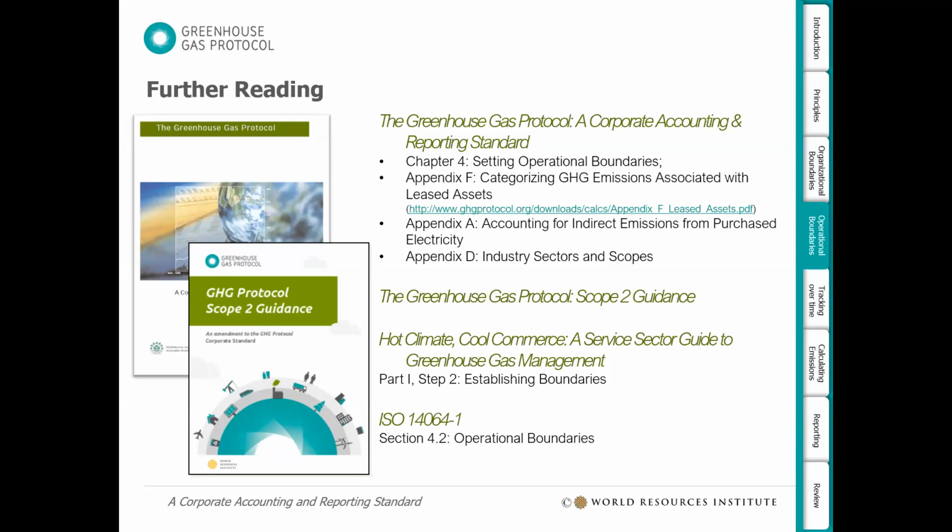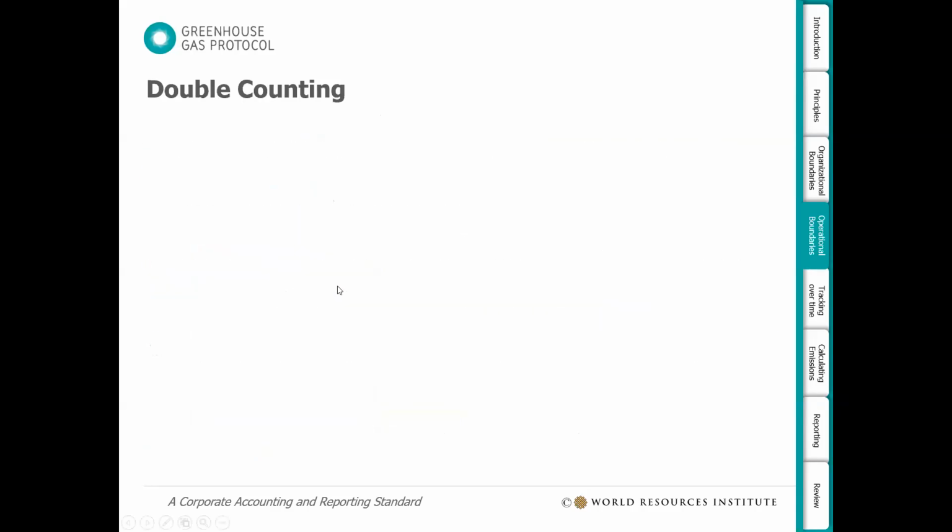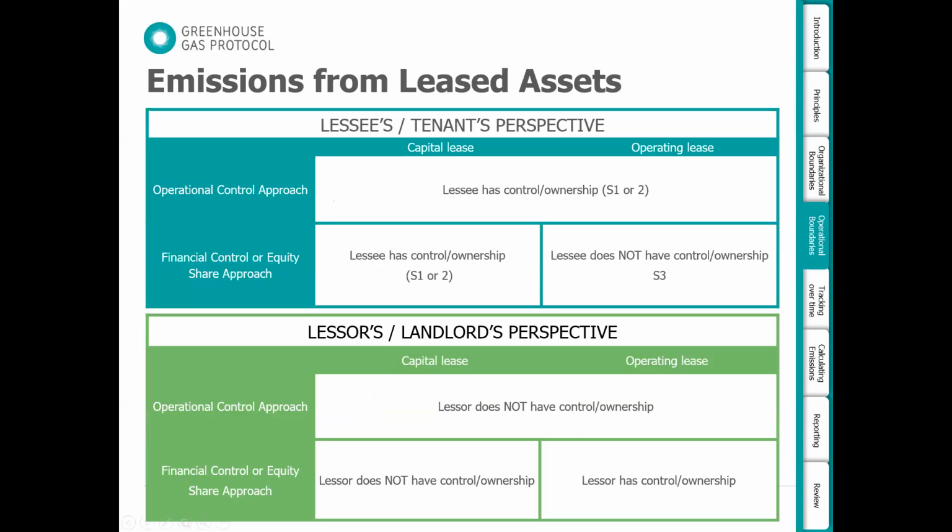The important point here is that whether the emissions from a leased asset, from the leased office space, fall under Scope 1 or 2 or Scope 3 depends on two things: the type of lease and the organizational boundary approach used. Okay, so you'd have to identify whether you're using operational control or equity share and financial control. And then you'd go back to this slide to understand under what scope the emissions would fall.